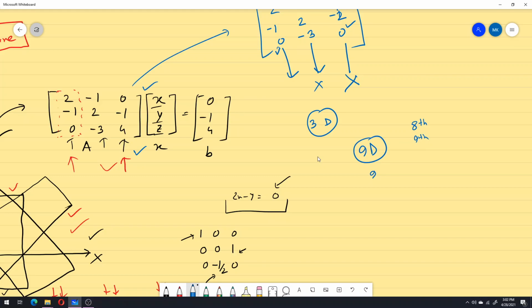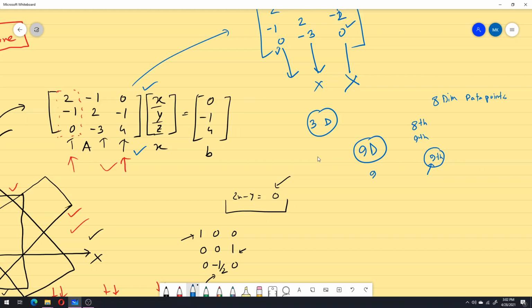You cannot reach the points in the 9th dimension, because you only have the data points that allow you to move throughout the 8-dimensional space, right?